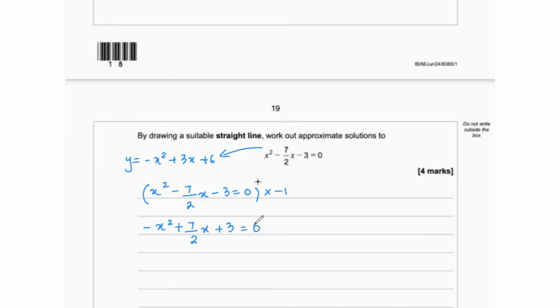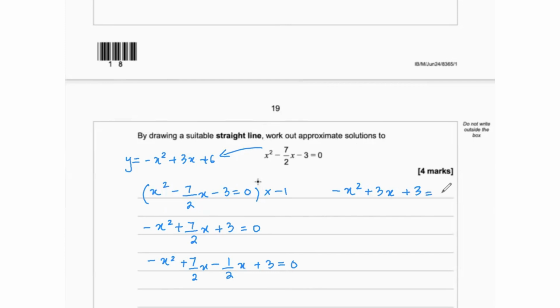Now that the signs are the same and x squared is the same in both equations, we look at the x term. That's 7 over 2 over here and 3 over there. To make it 3, we can subtract 1 over 2 x from it, because when you subtract 1 over 2 x, that gives us 6 over 2, which becomes 3. So it becomes plus 3x as it is in the equation.